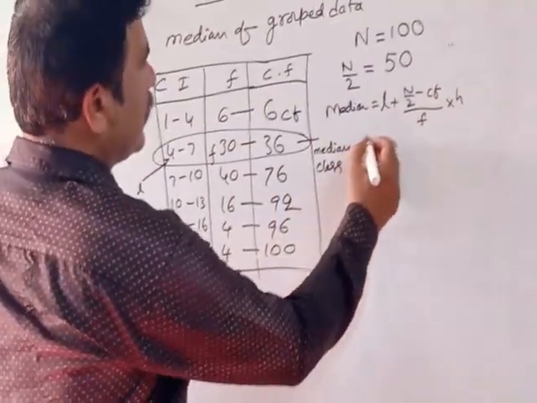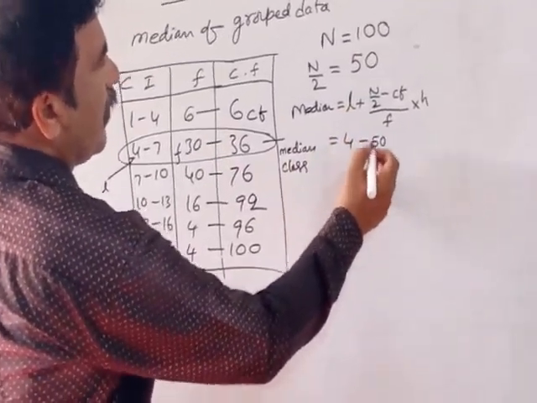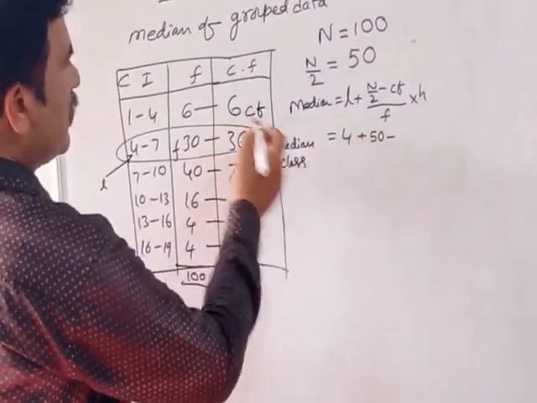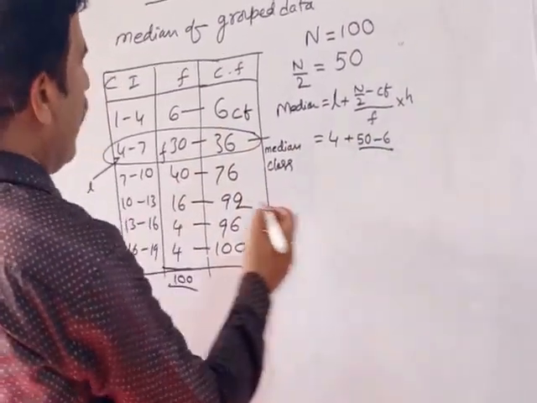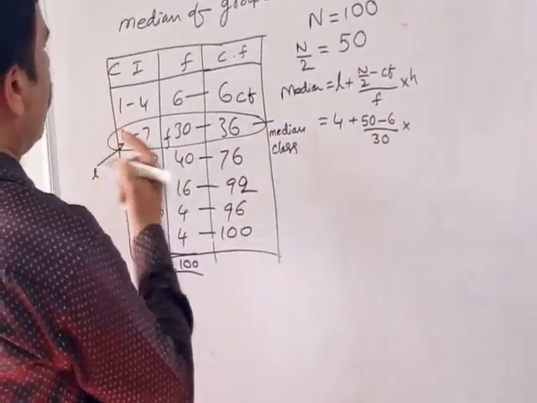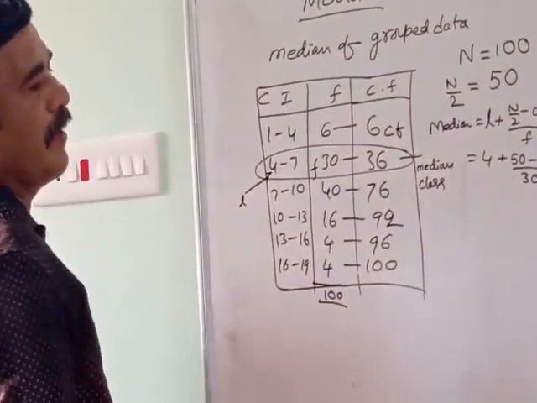You know L is here 4, n by 2 is 50, Cf is 6, f is 30, and class size, from 1 to 4, means it is just 3. The difference of class size is 3.